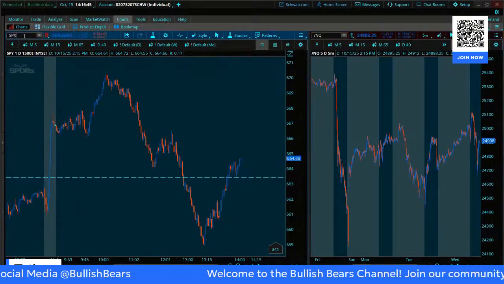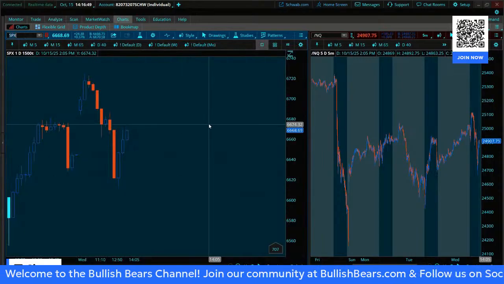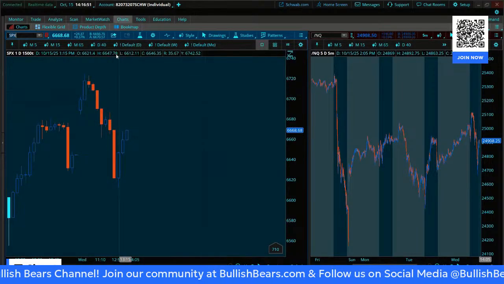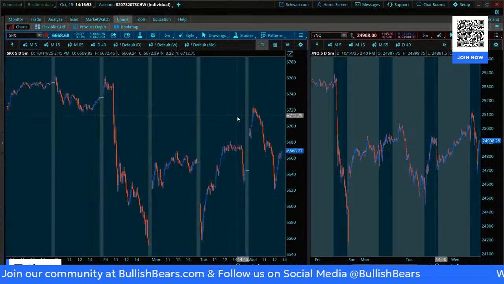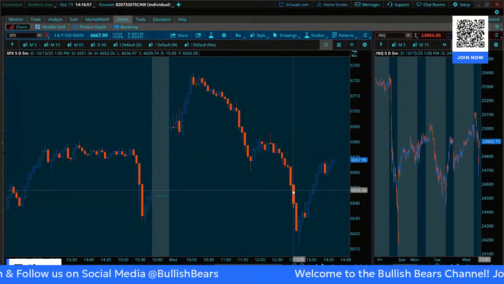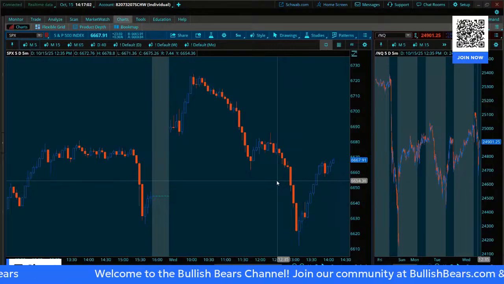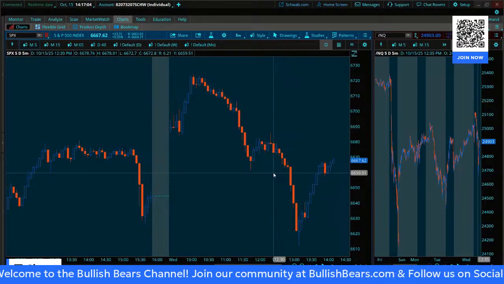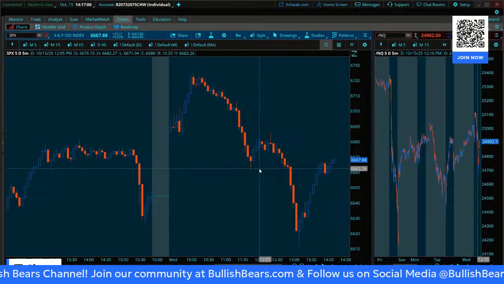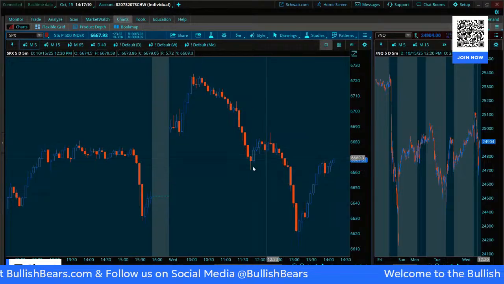For an example, the SPX doesn't have shares, so technically it doesn't have volume. If you try to apply a volume profile to this, it won't work, at least on Thinkorswim. But if you go to TradingView or somewhere else, it will show volume.